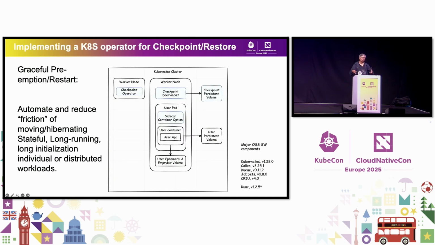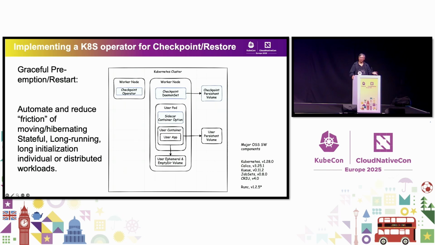And then to automate all this, naturally we've got to put this in an operator. The goal of this operator is to create a graceful preemption and hot restart of a workload, whether it's an individual node application or a distributed one. And so we look at this as a way to reduce what we call the friction of moving or hibernating stateful long-running workloads.